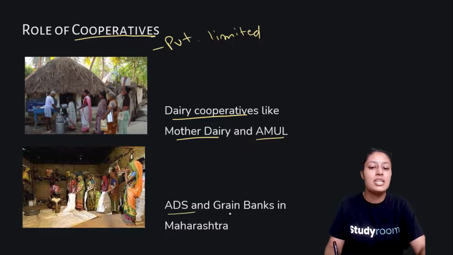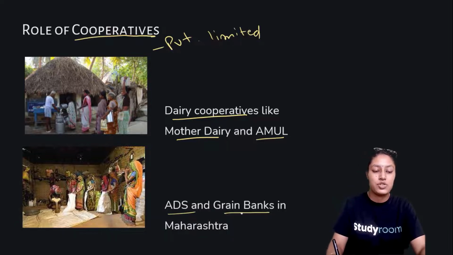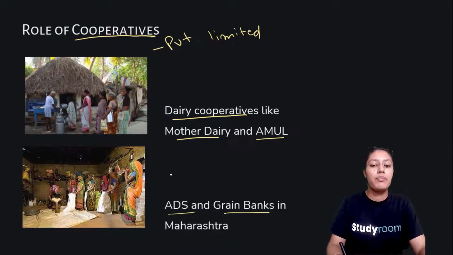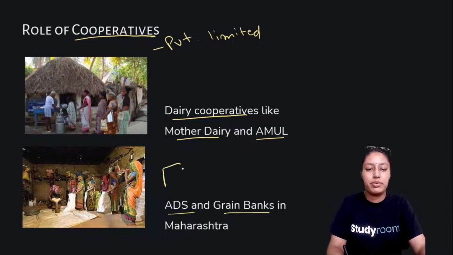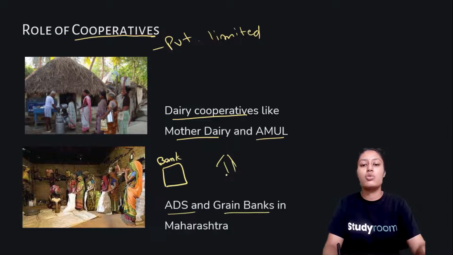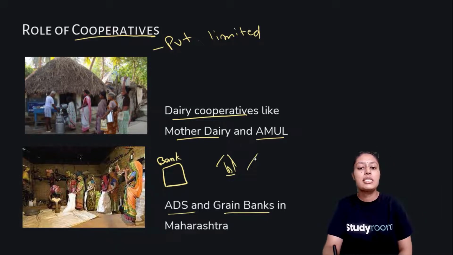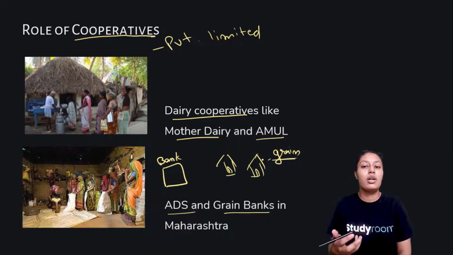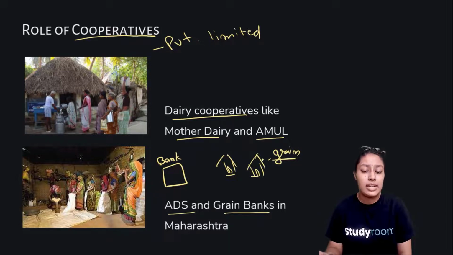Second is ADS and grain banks in Maharashtra. They work like this, for example. Say there is a household or a village that is food insecure and in need of help, needing grain or food for their family, and they are affected by some natural calamity, like drought or famine.